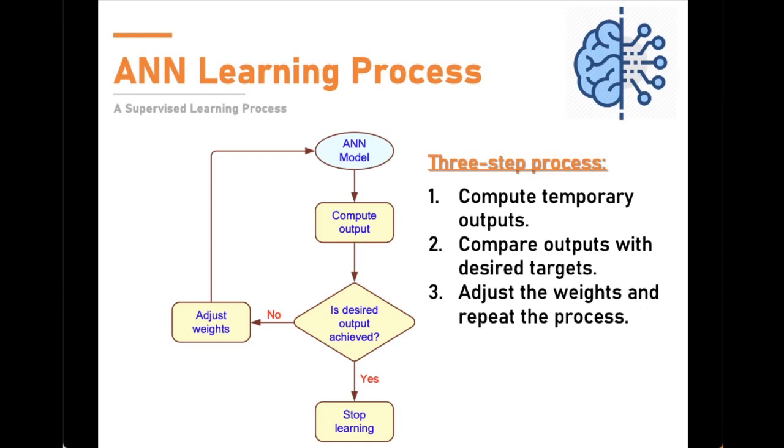During the training, the network learns to approximate the mapping between the inputs and outputs by adjusting its weights. And the objective here is to minimize the discrepancy between the predicted outcomes and the desired outcomes, which are the errors, usually called delta. And we calculate those errors using a loss function.